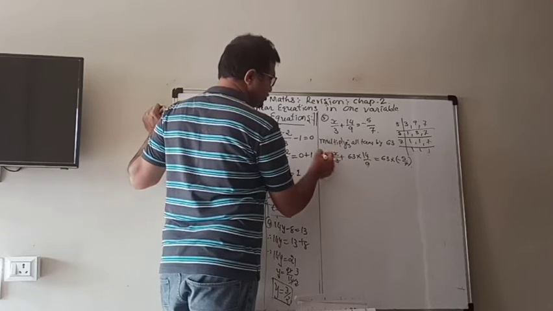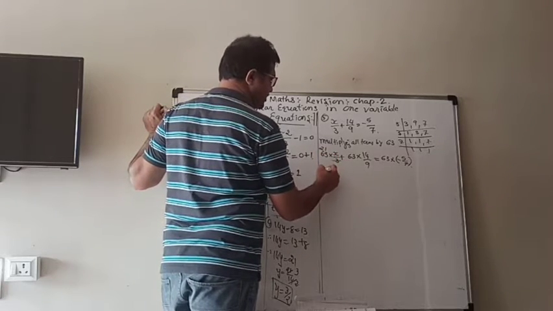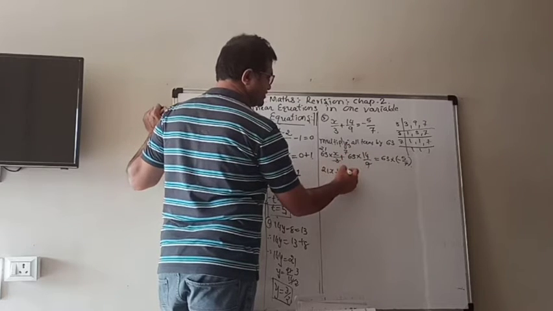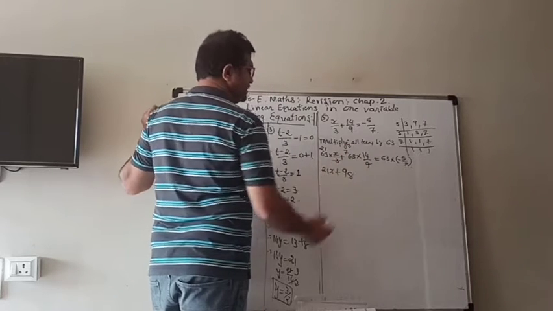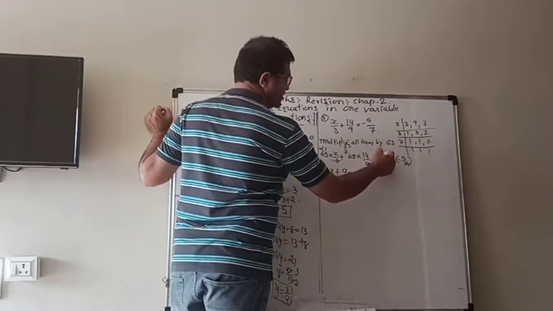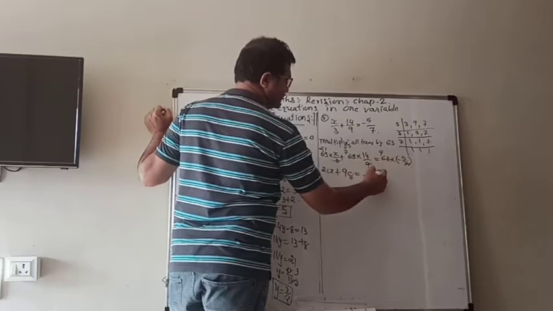So here 21 threes are 63, so 21x; 9 sevens are 63, so 14 sevens are 98, is equal to 7 nines are 63, so minus 9 fives are 45.